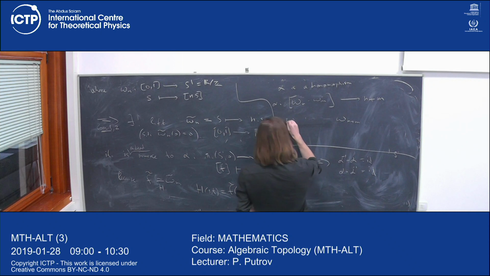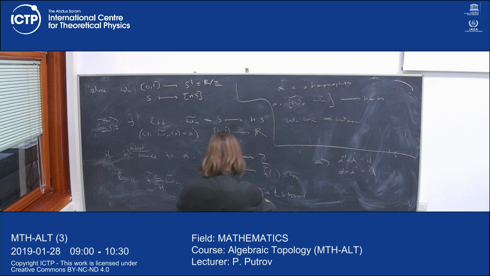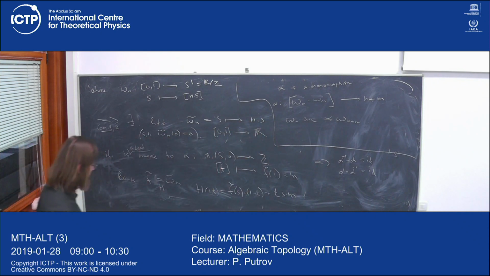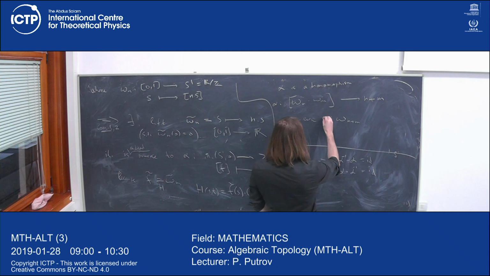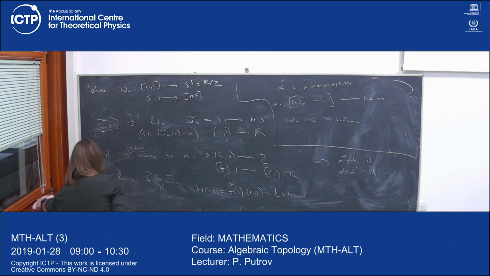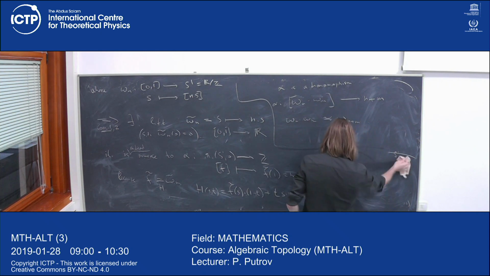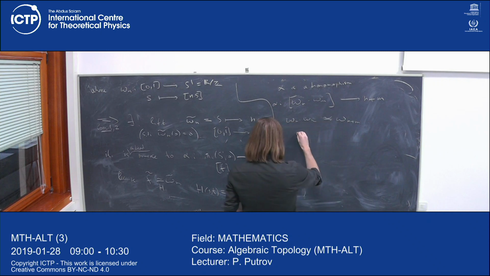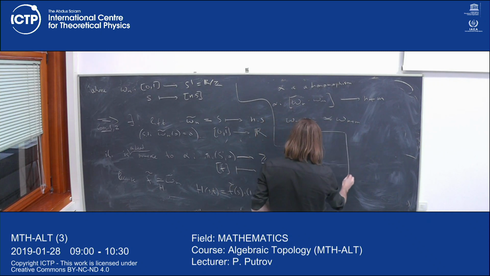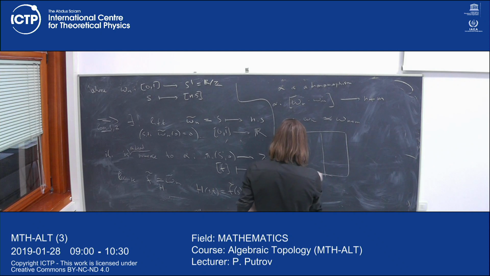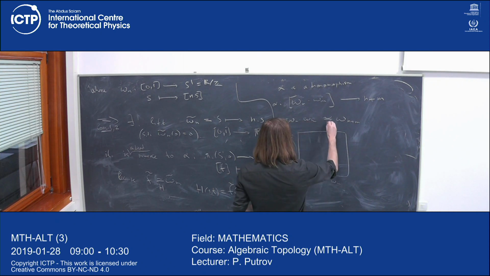Well, no, it's just homotopic. So I don't want to prove it in full, but let me again use this kind of picture. So we have omega m, and we want to construct some homotopy, denoted by k, to omega m plus n.